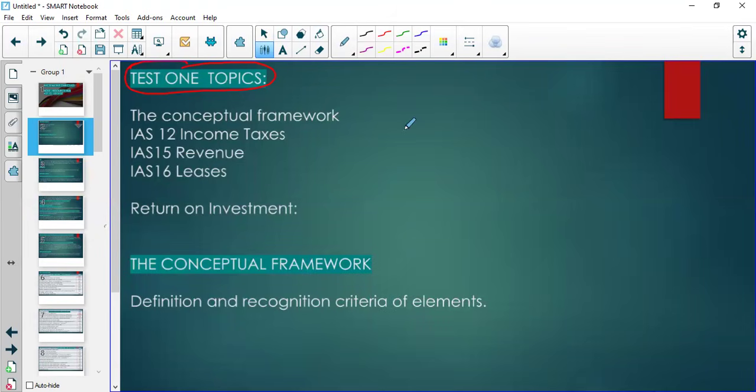Okay, so for test one, we're going to be examined on the conceptual framework, income taxes, revenue, as well as leases.